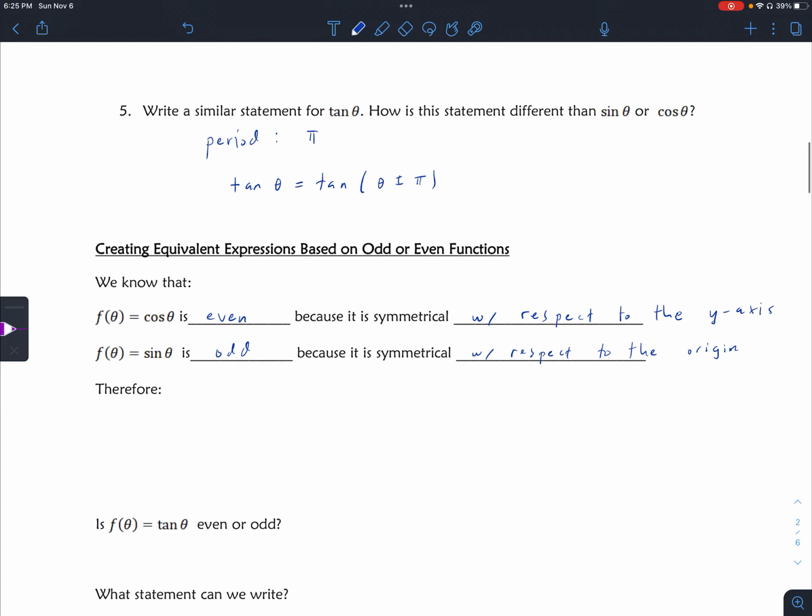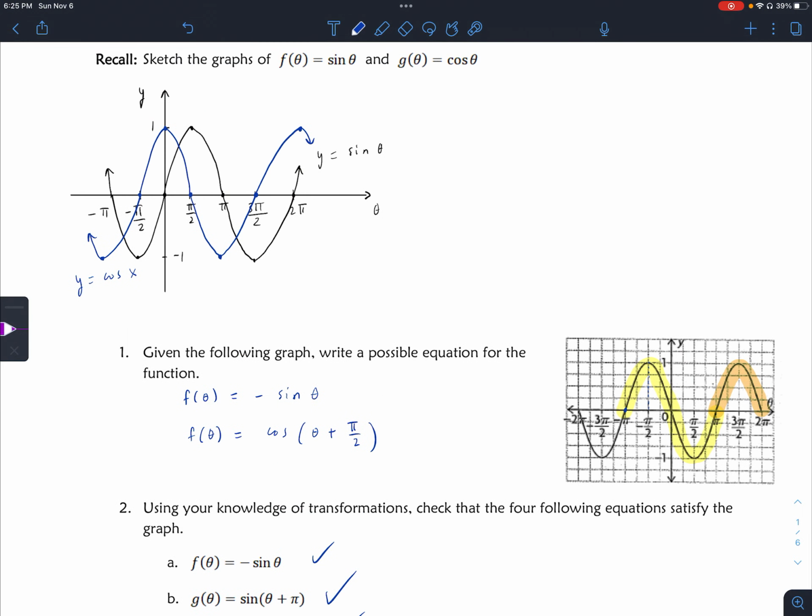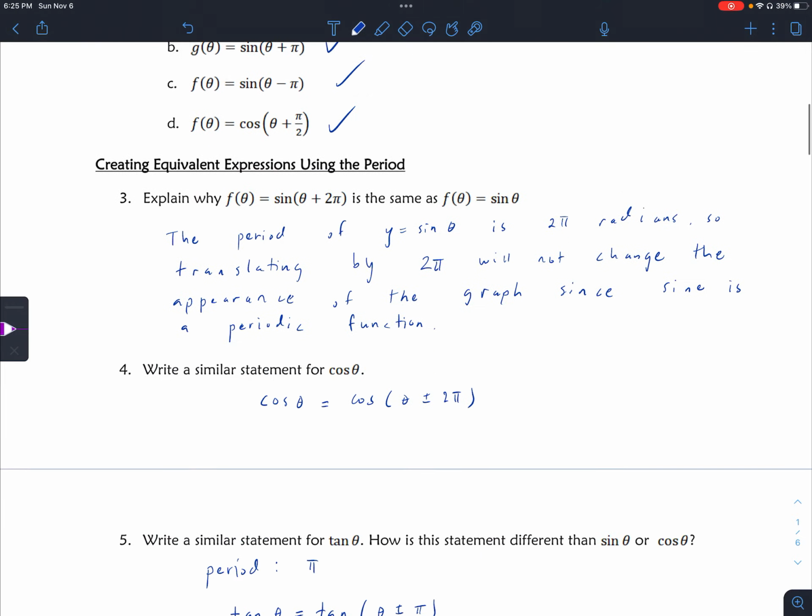We can see here that there is rotational symmetry with respect to the origin. If you rotate it 180 degrees clockwise or counterclockwise, you get the exact same graph.